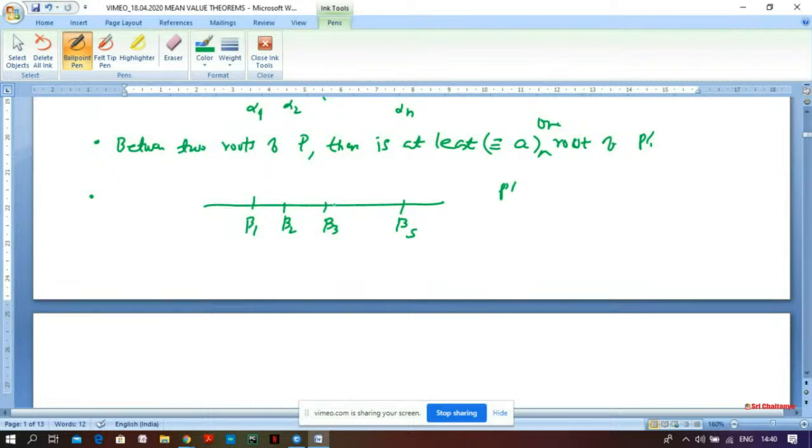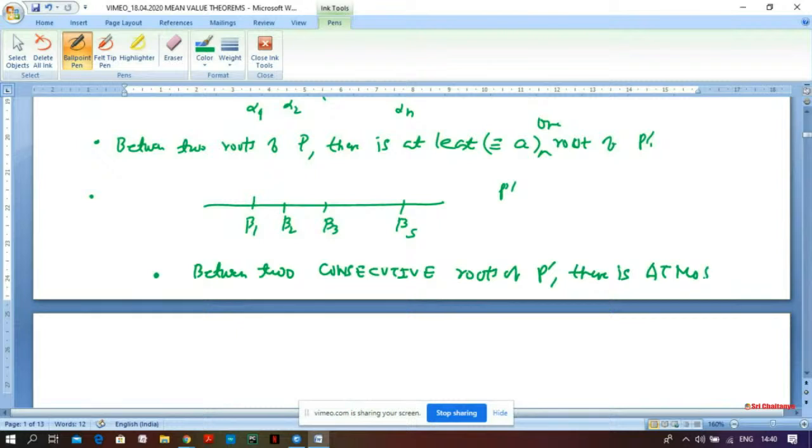I want to ask the question in the other direction: between two roots of p prime, what can you say about roots of p? I will answer it in a result. Better, I will say between two consecutive roots of p prime, there is at most one root of p.